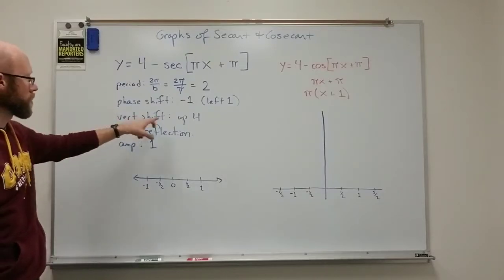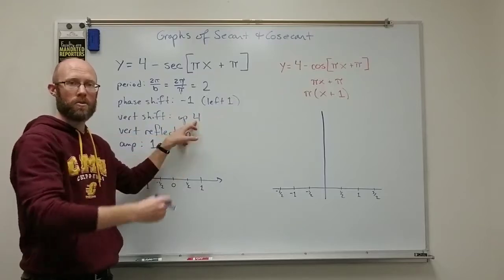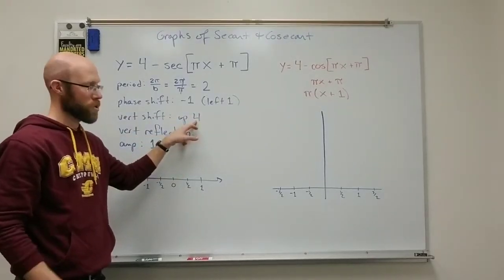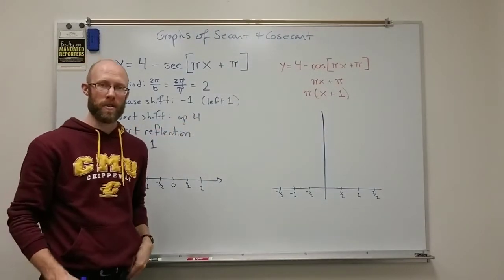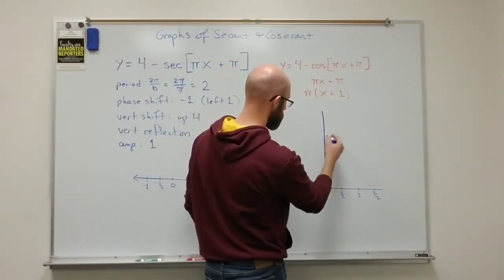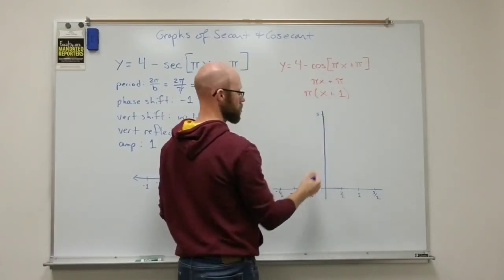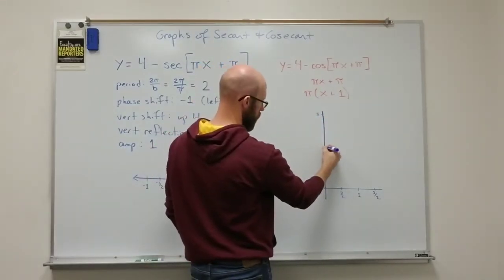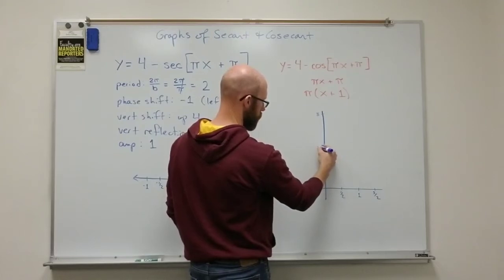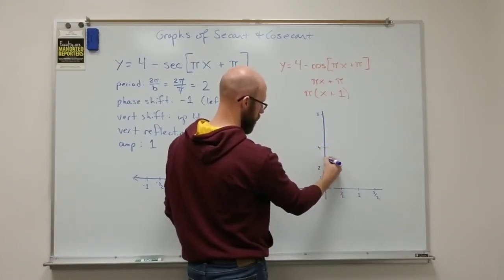Again, the vertical shift is up 4, so what I would actually do is draw kind of a dashed line through at 4, just so that I know where the middle of my graph is vertically. So because that's 4, let's double it for the top of this axis. Let's go up to 8. That way this puts 4 kind of in the center, roughly, of the graph.